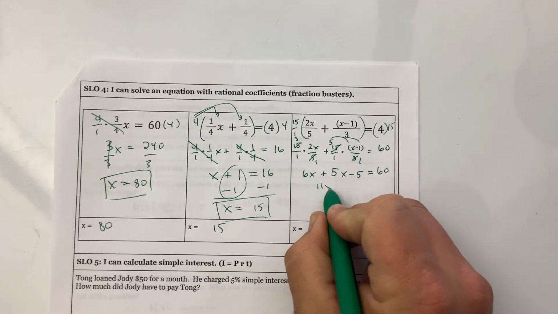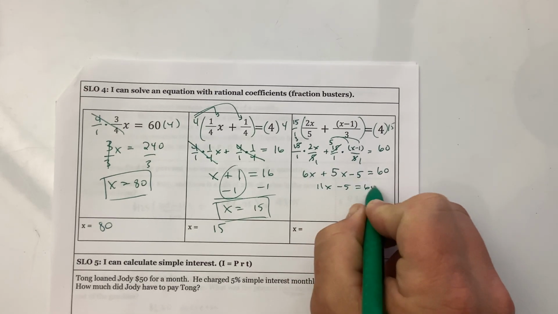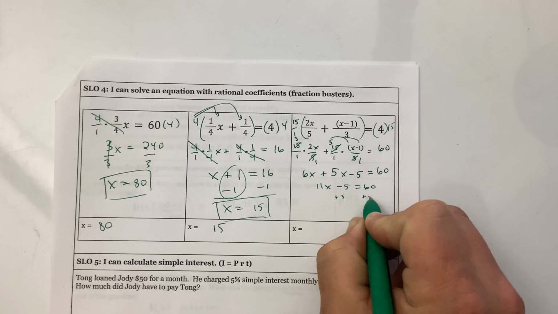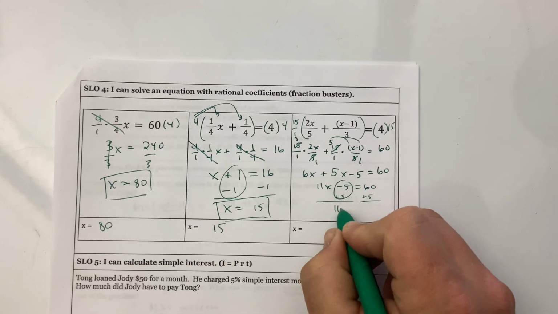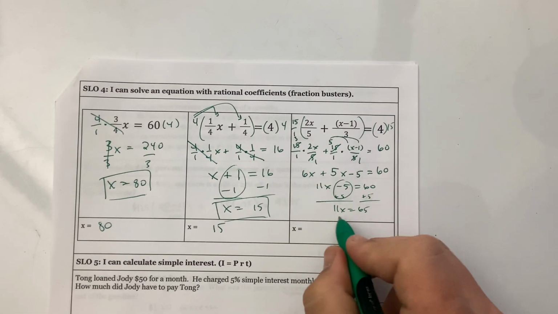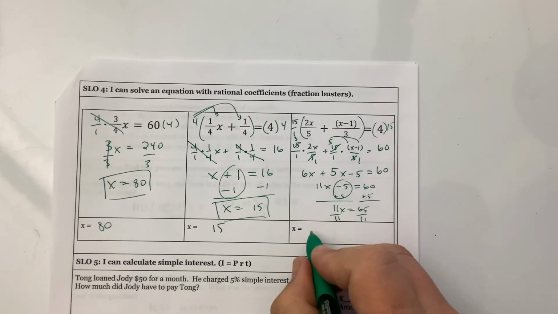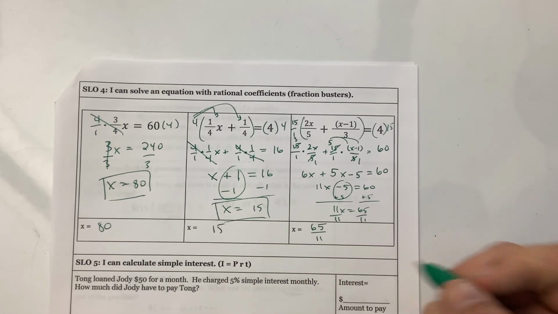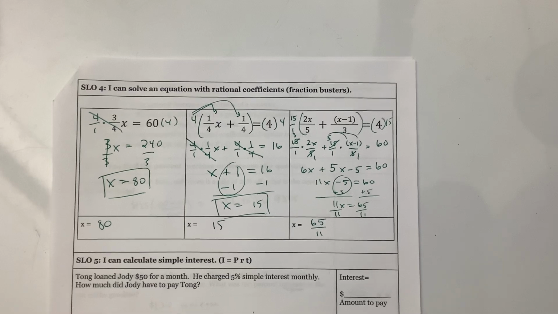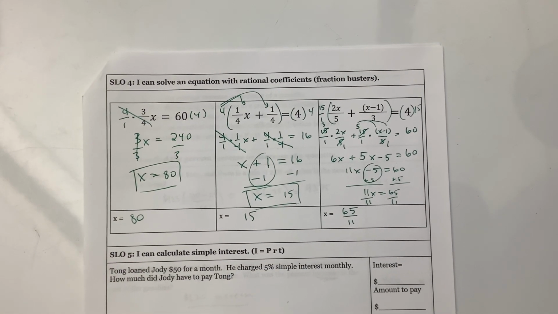Combine like terms, 11x minus 5 equals 60. Add 5 to both sides, and we get 11x equals 65. And we're going to divide by the coefficient and get x equals 65 over 11, or 5 point stuff, 5.9.